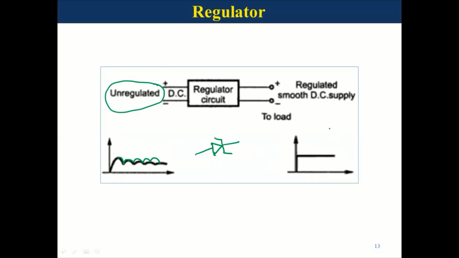So the output is a perfect DC. Output voltage is constant with respect to time, and hence our AC signal is converted to pure DC, perfect DC. So the transformer, rectifier, filter and regulator combined convert the AC signal to a DC signal.